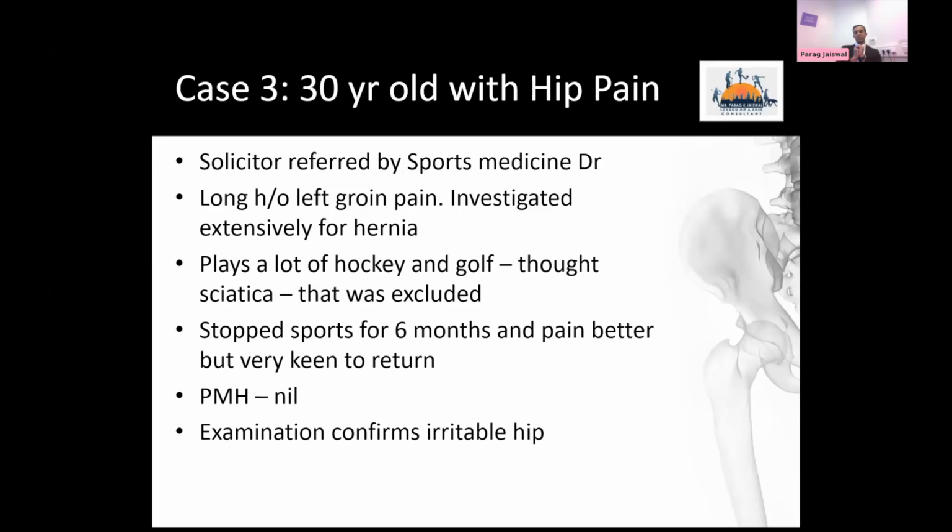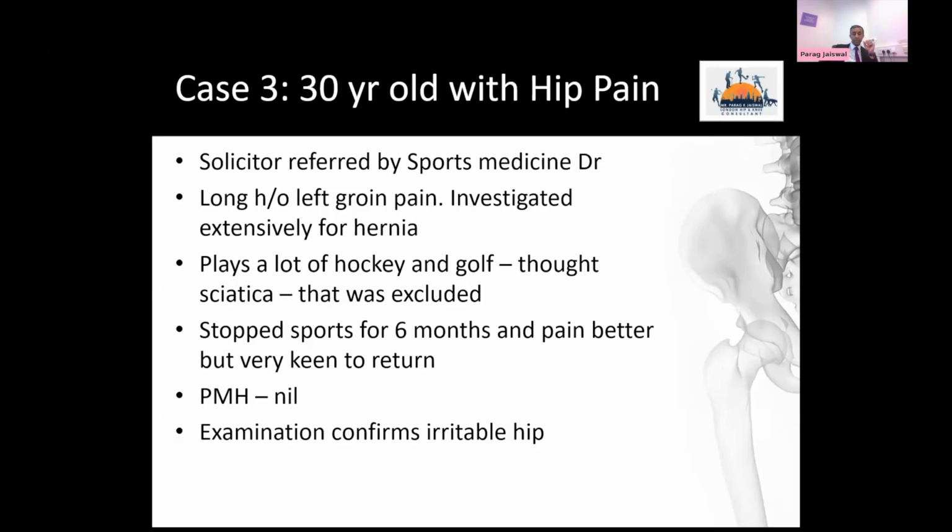So I saw this 30-year-old male solicitor who was referred by a sports doctor who eventually saw him after he went around the garden to try to find a diagnosis. He had about a year history of groin pain. And I think his GP thought it was a hernia, so he was investigated extensively for a hernia. An ultrasound found a very small hernia, but that wasn't really the cause of his symptoms.